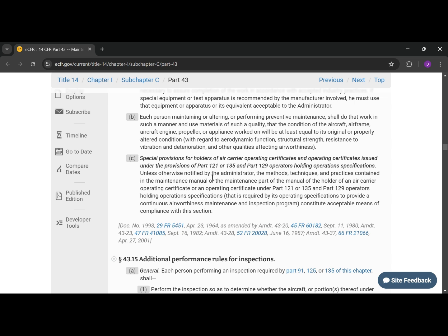Unless otherwise notified by the administrator, the methods, techniques, and practices contained in the maintenance manual or the maintenance part of the manual of the part of an air carrier operating certificate or an operating certificate under Part 121 or 135 and Part 129 operators holding operation specifications that is required by its original specifications to provide a continuous airworthiness maintenance and inspection program, constitute acceptable means of compliance with this section.